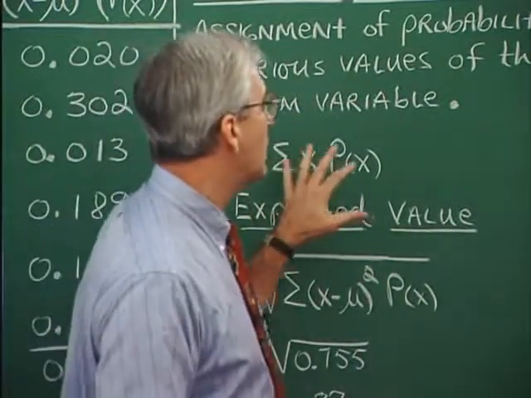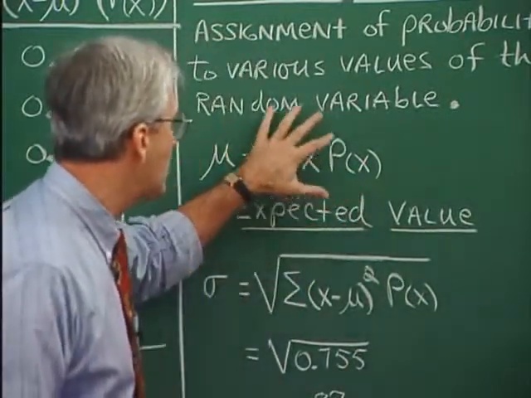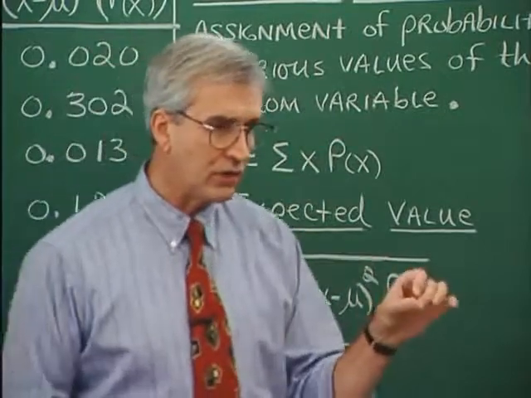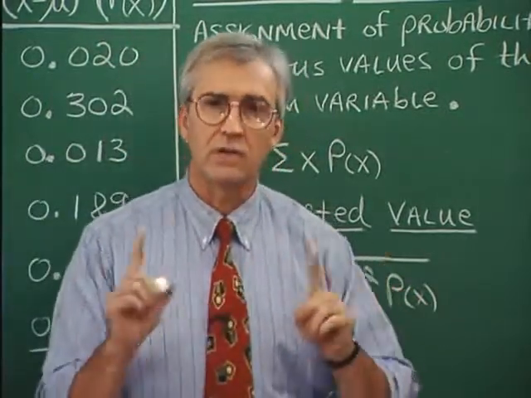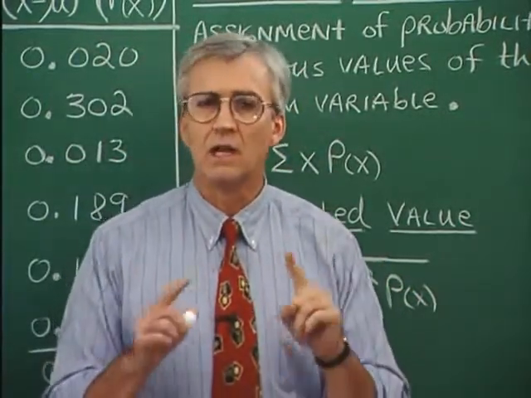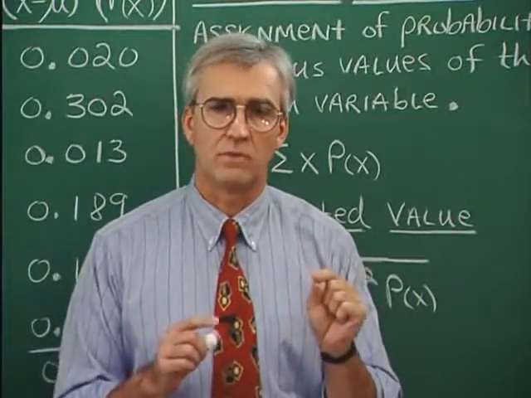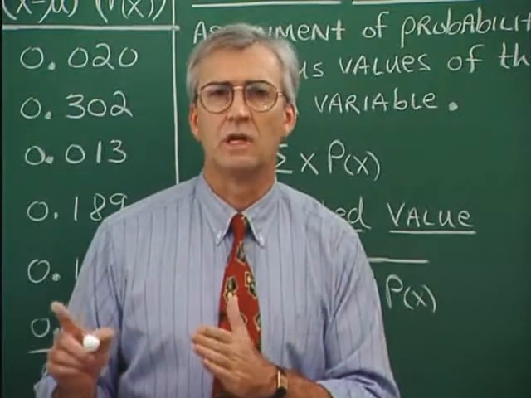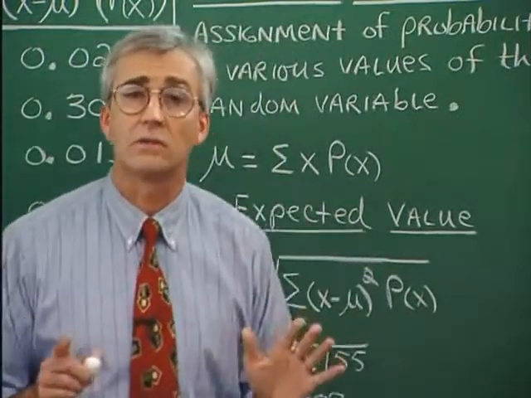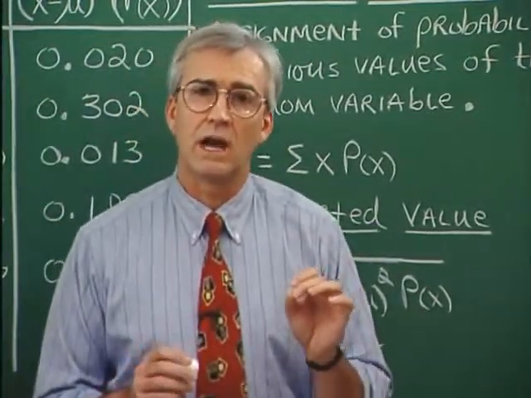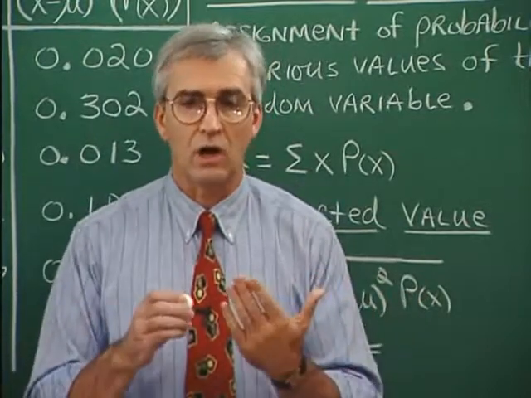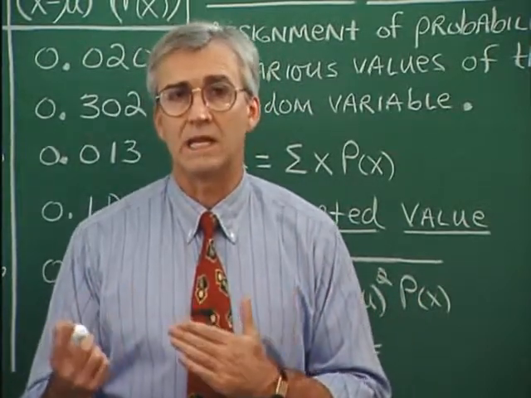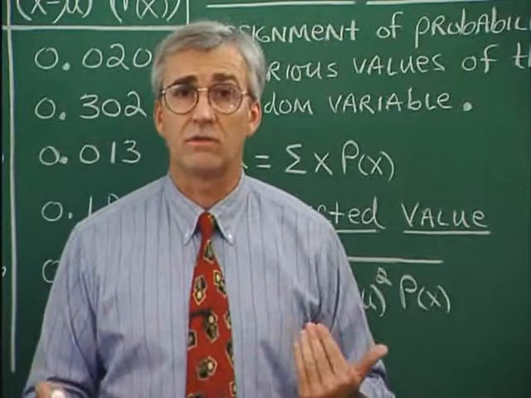Now we're going to talk next about the notion of the calculation of mean and standard deviation. And let us limit ourselves or talk in terms of a population now rather than a sample. We talked in terms of samples quite a bit in the past. I want to talk in terms of population right now. Now, in terms of population, we're talking about mu for the mean and sigma for the standard deviation.